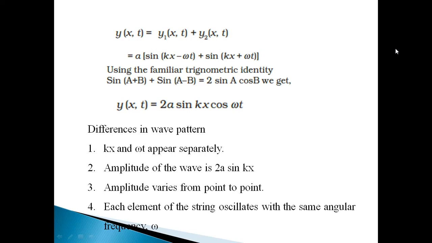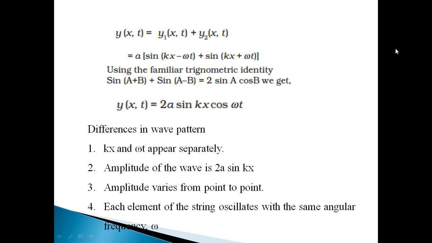Now this bracket is of the form sin A plus sin B. You know the identity: sin(A plus B) plus sin(A minus B) equals 2 sin A cos B. If you make the appropriate substitutions, here A is kx and B we take as omega t. So the resultant wave equation is y(x,t) equals 2a sin kx cos omega t.